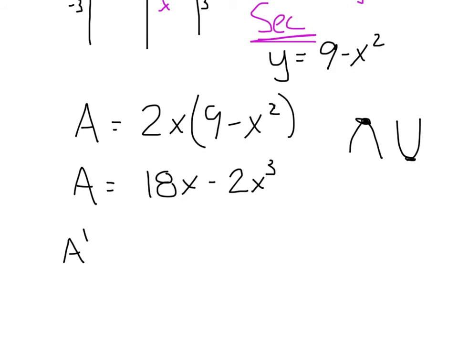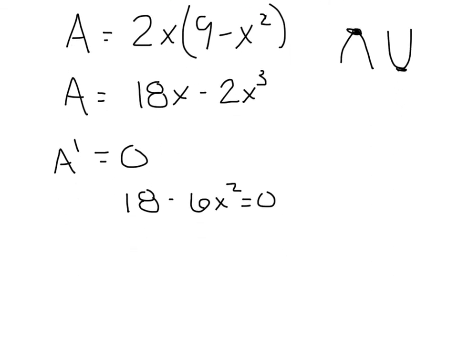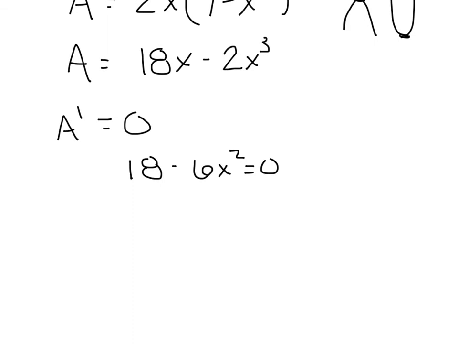So I am setting A prime equal to 0. That gets me 18 minus 6x squared equals 0. So I've got 18 equals 6x squared, divided by 2, I got 3 equals x squared. Don't forget you get plus and minus radical 3.